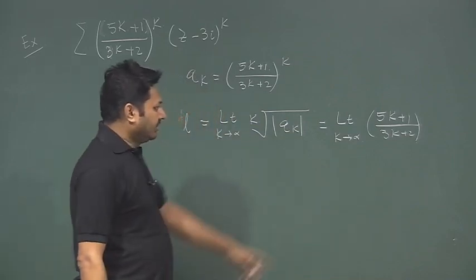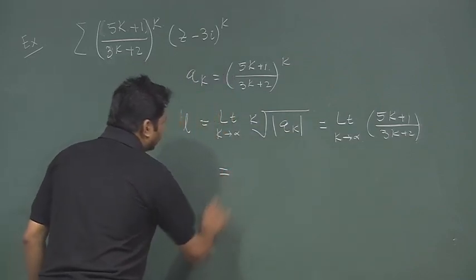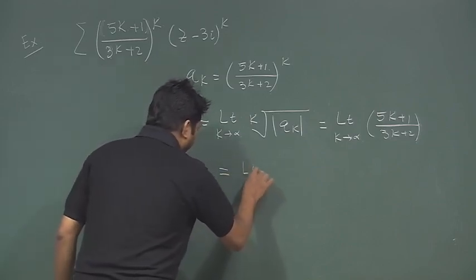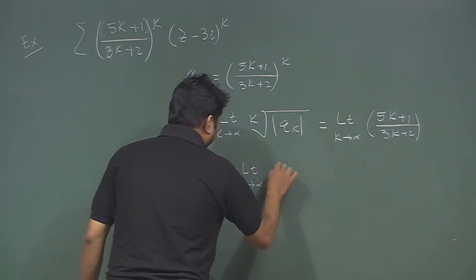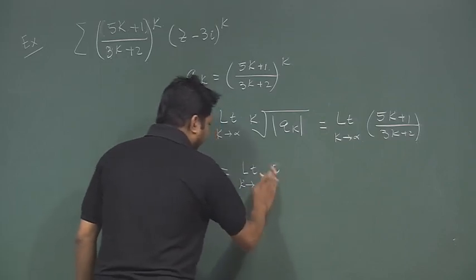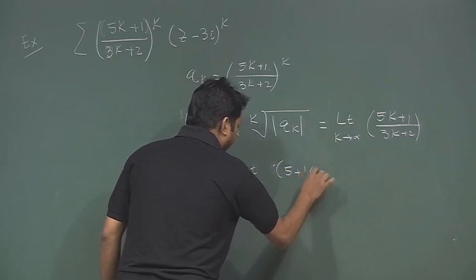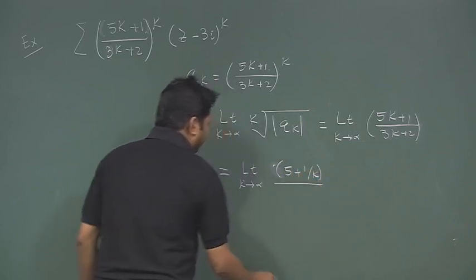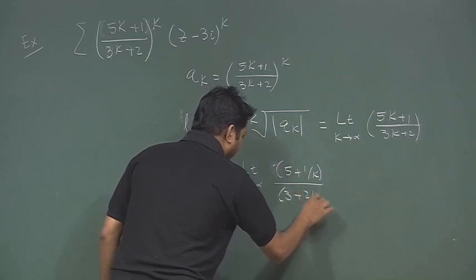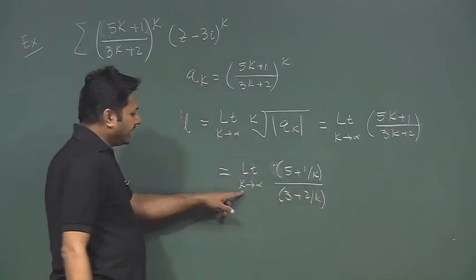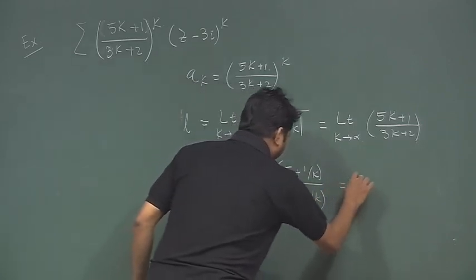Now things are done. If I take k common out, then it will be (5 plus 1 by k) divided by (3 plus 2 by k), and as k tends to infinity, those terms vanish, and finally we have 5 by 3.